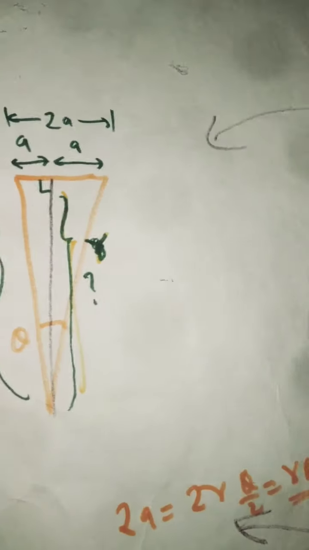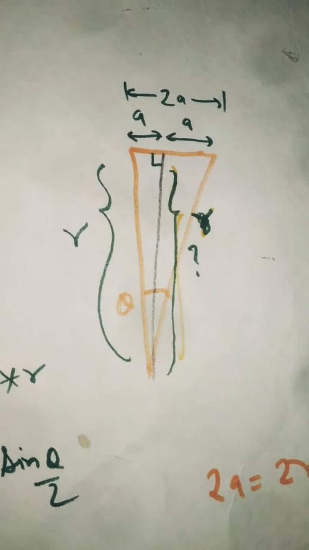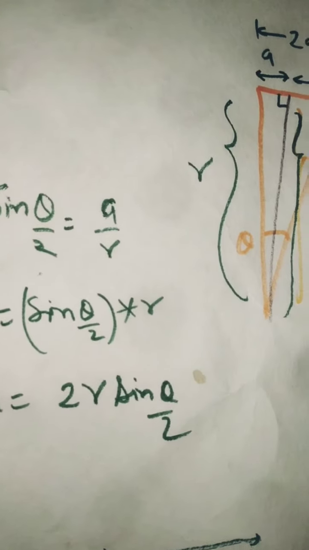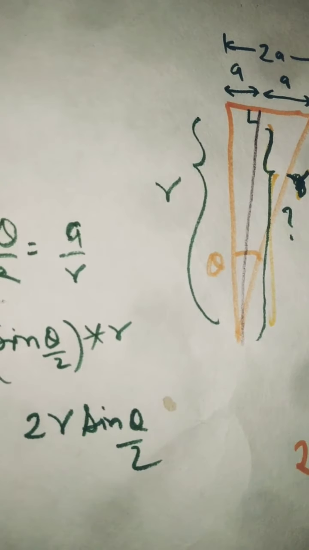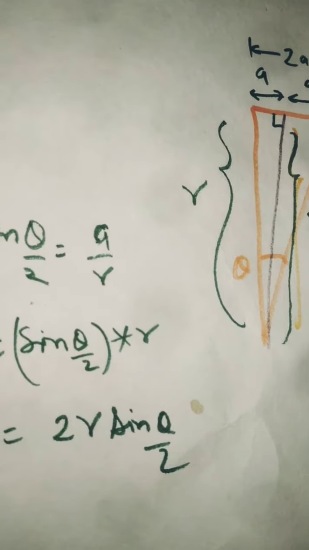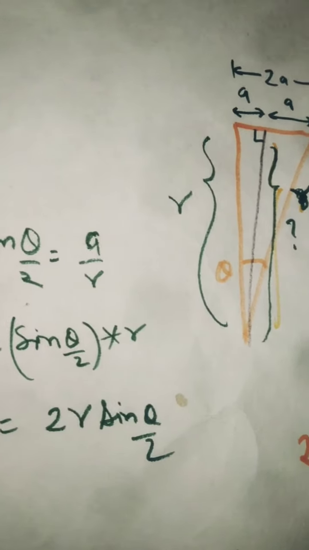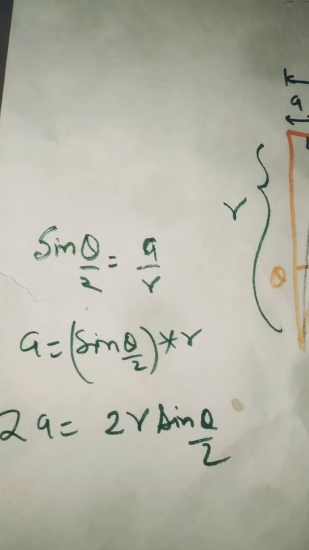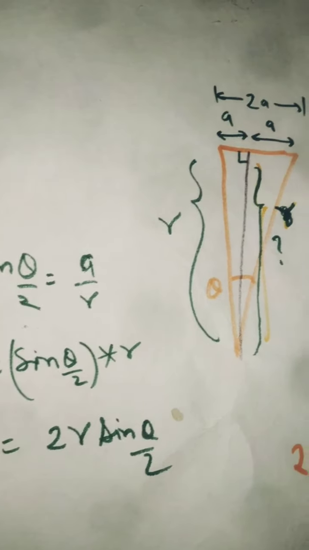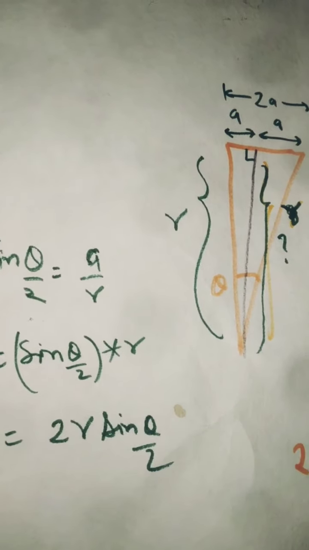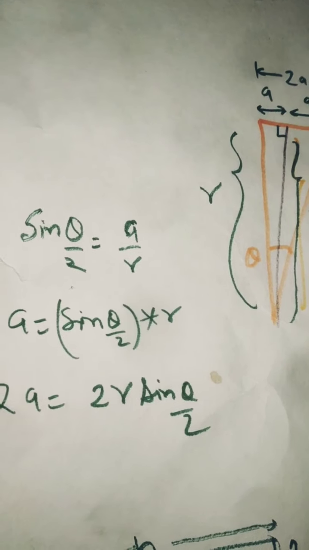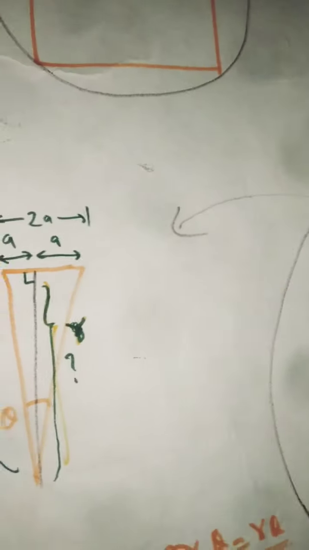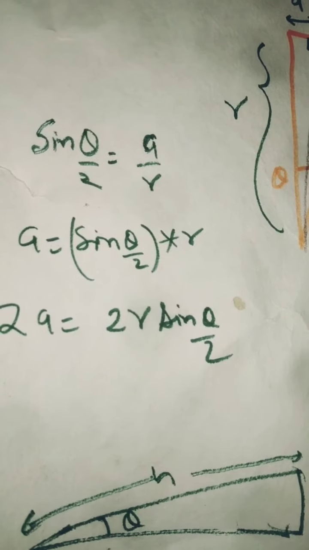So if I want to find the length A, I can use a small trick in terms of theta. I can write sin of theta by 2 is going to be A by R, and so A would be R sin of theta by 2. So my 2A, which is the length of the side, is going to be 2R sin theta by 2.